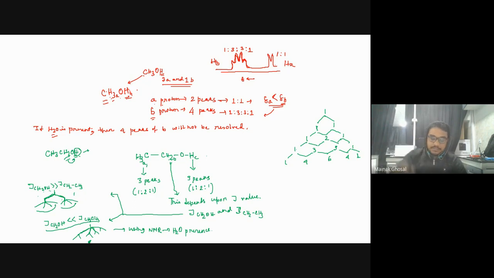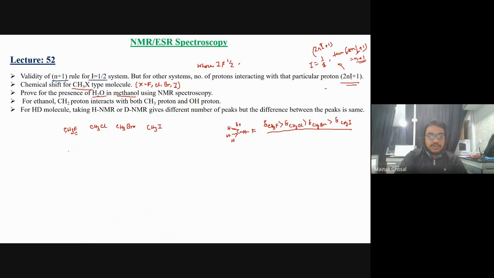Then you have seen that for the HD molecule, taking hydrogen NMR or deuterium NMR gives a different number of peaks, but the difference between the peaks is the same, which is nothing but J. For hydrogen NMR, how many peaks? 2 into 1 into half plus 1, so that will be 2 peaks.